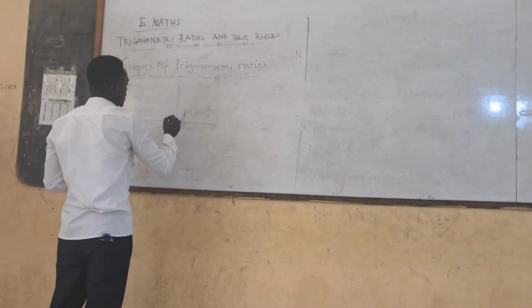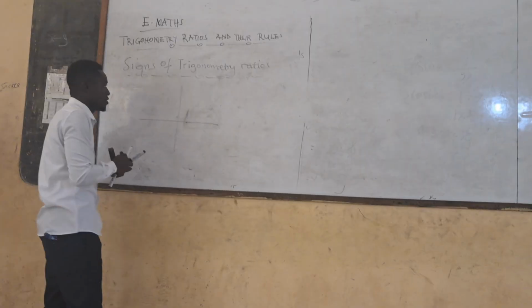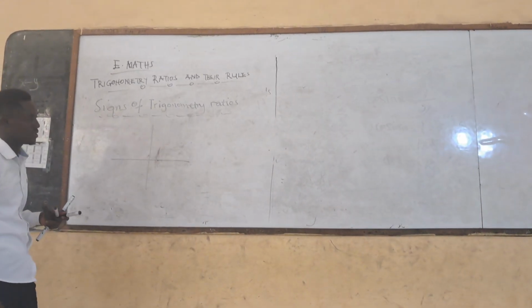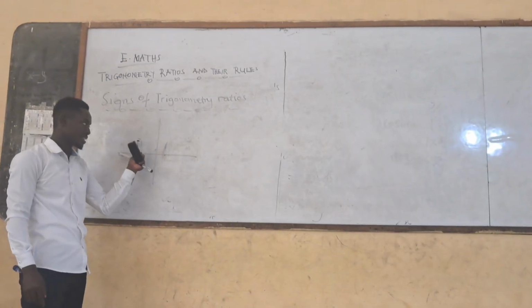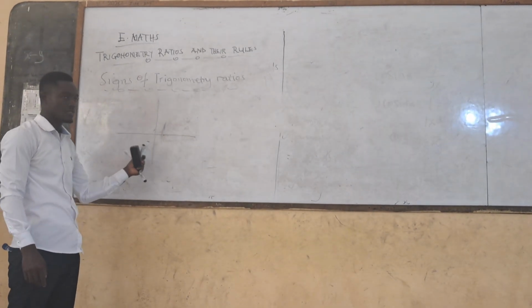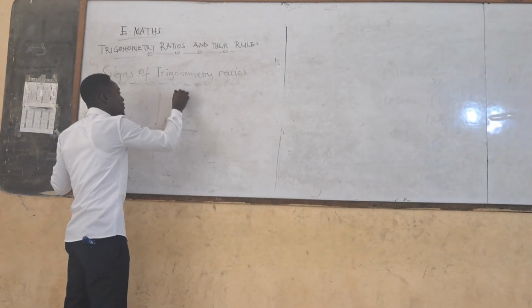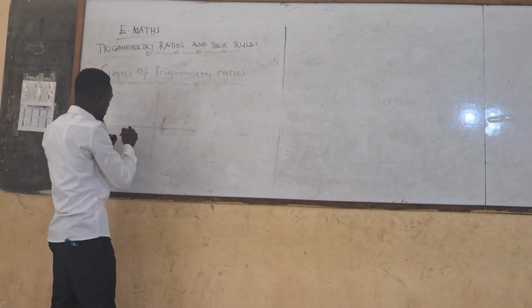Now, in this diagram, we have 4 sections. We have the first section, the second, the third, and the fourth. We said this is called the first quadrant.